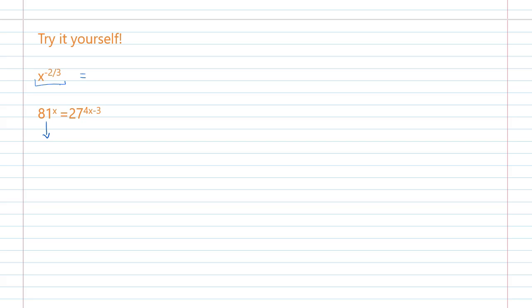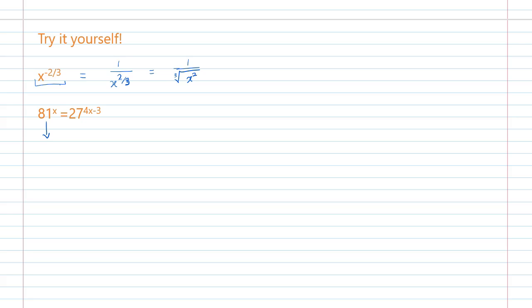First you express this as 1 divided by x to the power of 2 over 3 using the negative indices rule. Then you use the root rule, which can be the cube root or even the fourth root, so here it is 1 divided by the cube root of x squared.